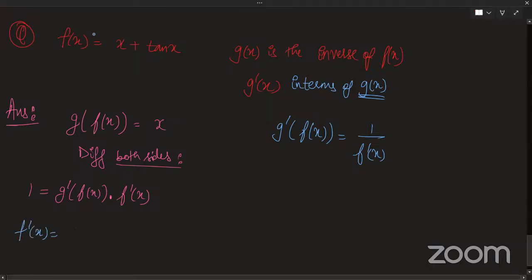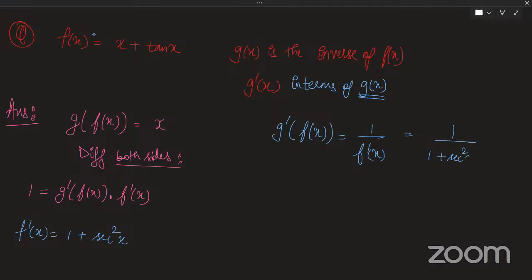What is the derivative of x plus tan x? It is 1 plus secant square x, right? Correct. So this thing will be 1 by 1 plus secant square x.